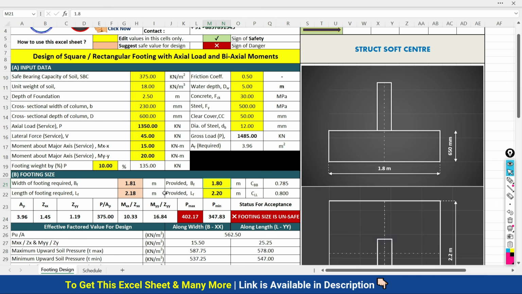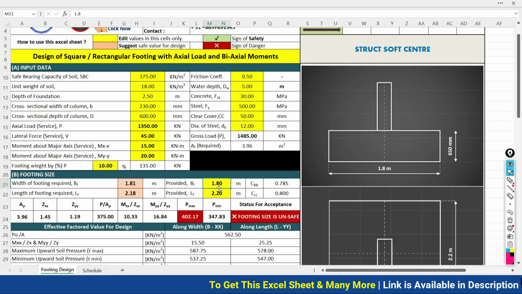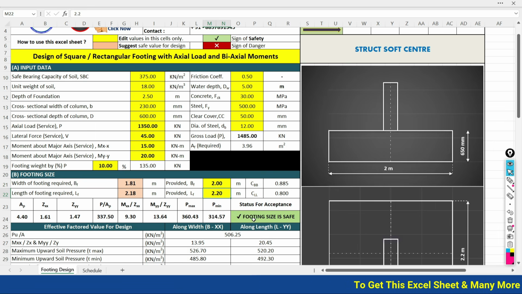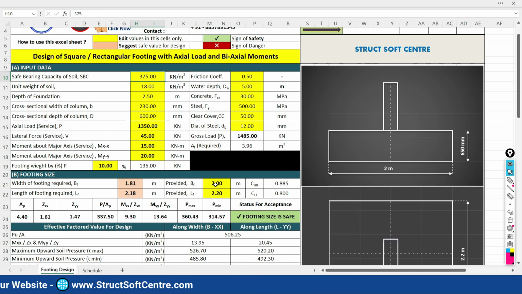So what I need to do here, 2.2 I have taken as the sheet suggested, and thereafter here I am going to take it as 2. Whether it is safe or unsafe, yeah, it is not coming out to be safe. Your SBC is 375 and your maximum pressure is 360, which is less than the SBC of the soil. Now you are safe. If I further increase the size, then it is going to become more safe.